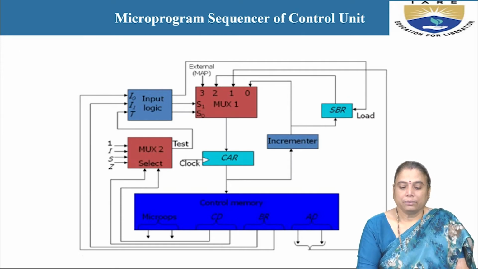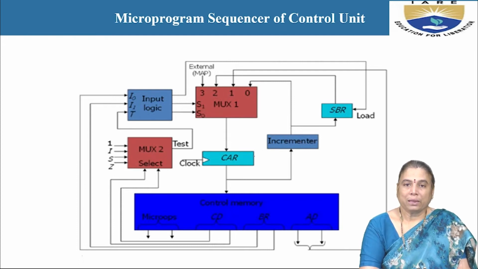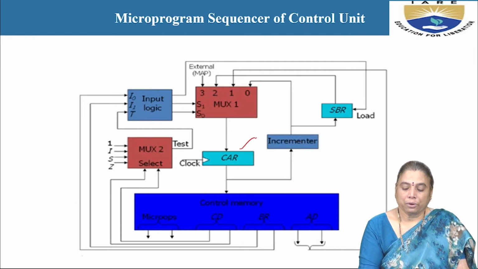So here is the microprogram sequencer of the control unit. The control memory can be accessed with the help of the CAR register, the control address register. This is the control memory where the microinstructions can be stored.